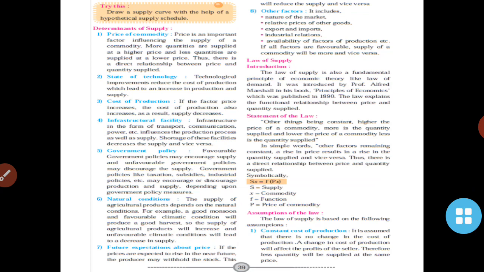Now natural conditions, a very important point. The supply of agricultural products depends on the natural condition. Agricultural products like rice, wheat, other grains depend on natural condition.